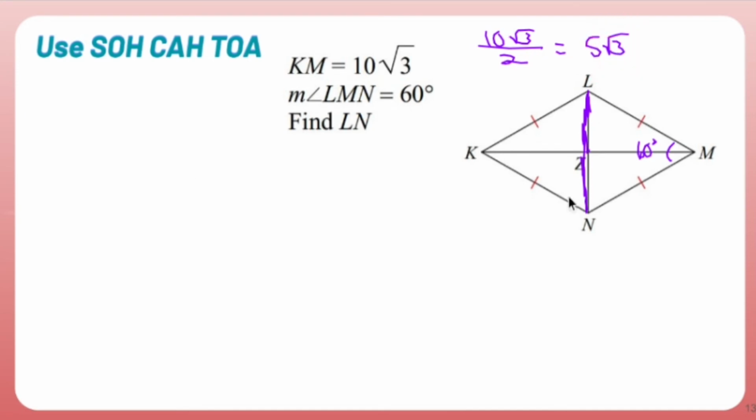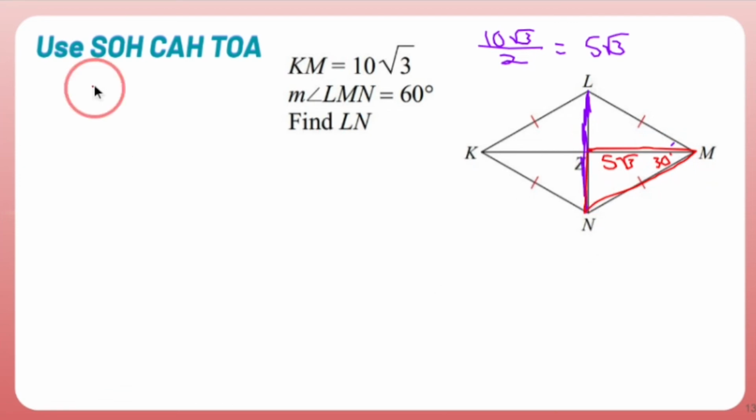Let me get rid of that 60 because I now don't want that whole 60. I know that this length right here is 5 root 3. This would be 30 because if this is a rhombus, then the diagonals bisect the angles. And I'm going to use this triangle right here to help me find ZN. Once I find ZN, multiply it by 2, that gives me LN.